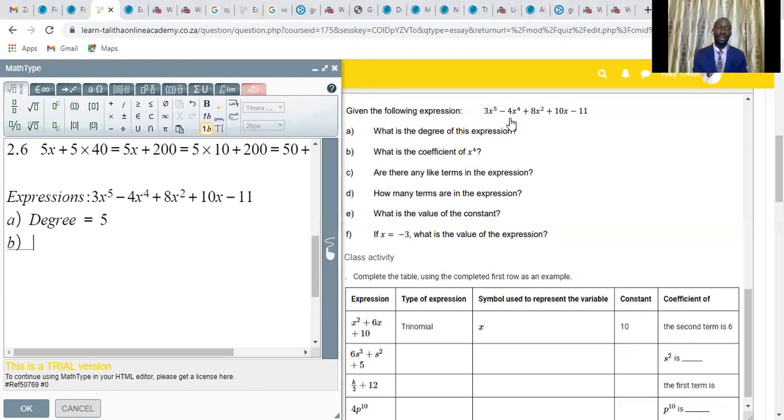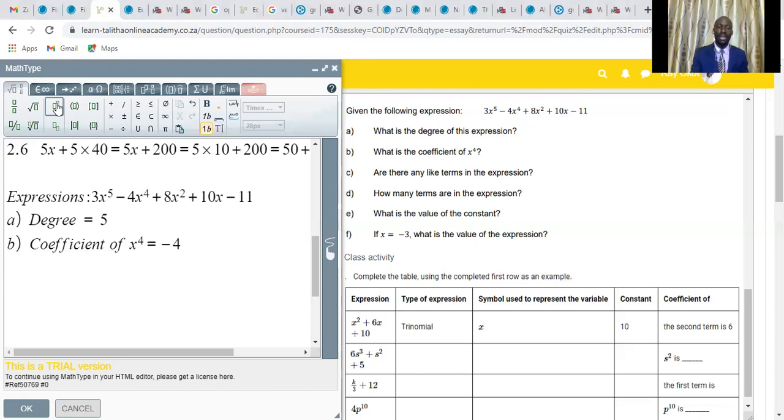We say the coefficient of x power 4 is negative 4.